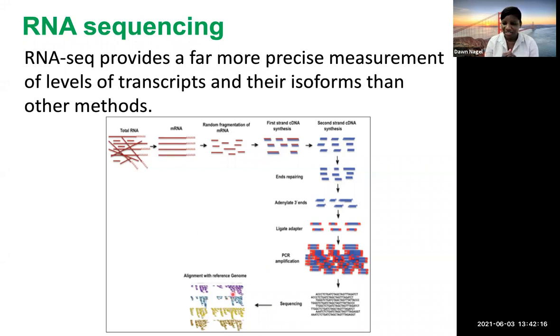The methods, the statistical analysis and bioinformatic approaches that are used to analyze this RNA sequencing information are really robust and really powerful and very good at quantifying the level of expression. So you can do that, and that's usually what people do.